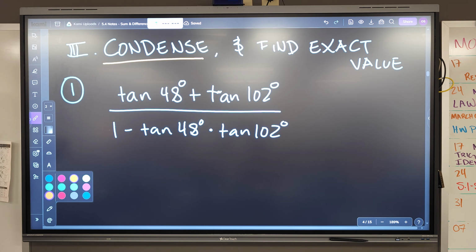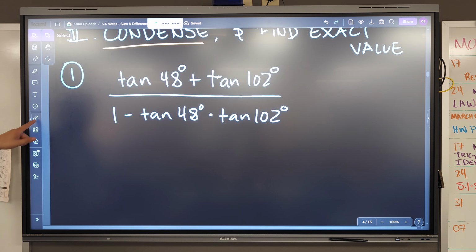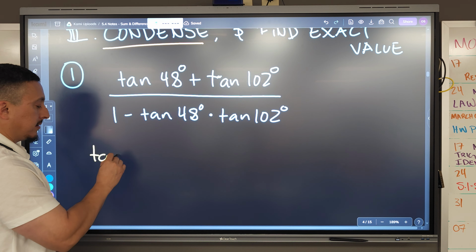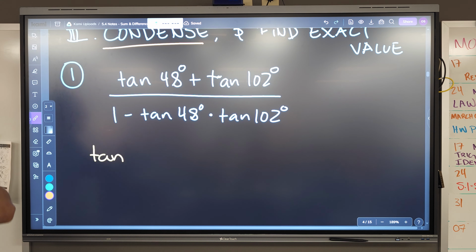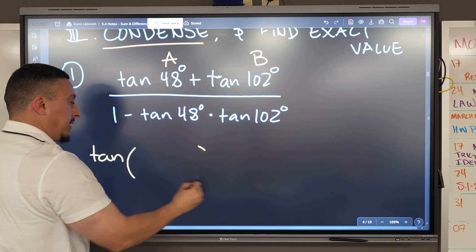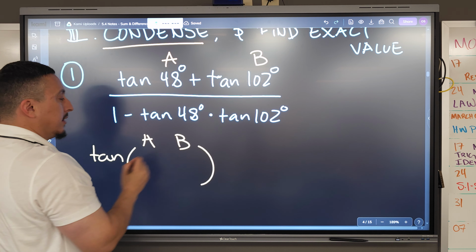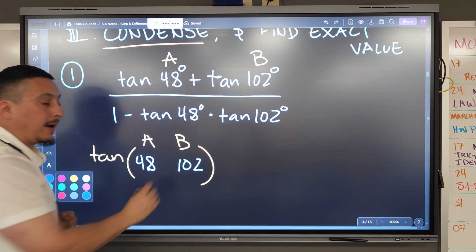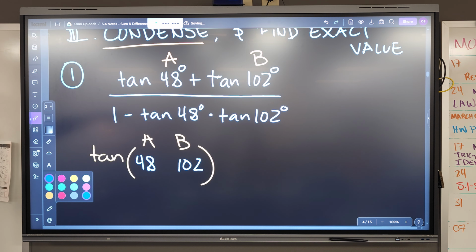So we use our identity number 30. That's the tangent one. That's the only one that says the word tangent. Tangent, and it's always A, B. So this is going to be a 48, and this is going to be a 102. Why? Because that's the order of the identity.